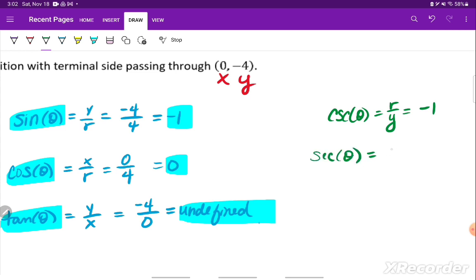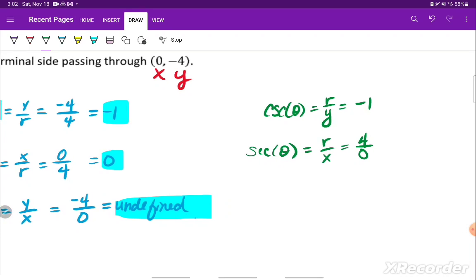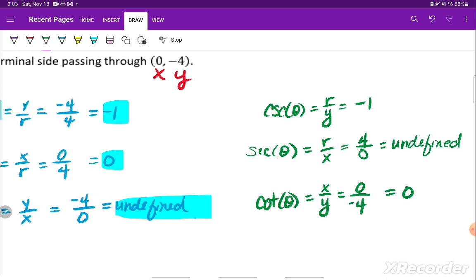So the secant of theta is defined r over x. That's going to be 4 over 0, and since our 0 is in the denominator, this is undefined. And then lastly, cotangent of theta, defined x over y. That's going to be 0 over -4, which is 0.